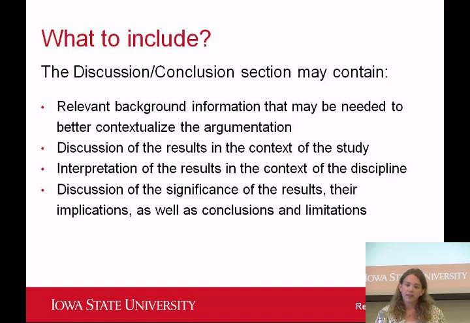So some of the things you could include would be to discuss some of the relevant background information that is needed to better provide context for the argument that you're building, to discuss the results within the context of your study, to interpret those results in the context of the discipline as a whole, and then also to discuss the significance of the results or their implications, as well as conclusions and limitations.